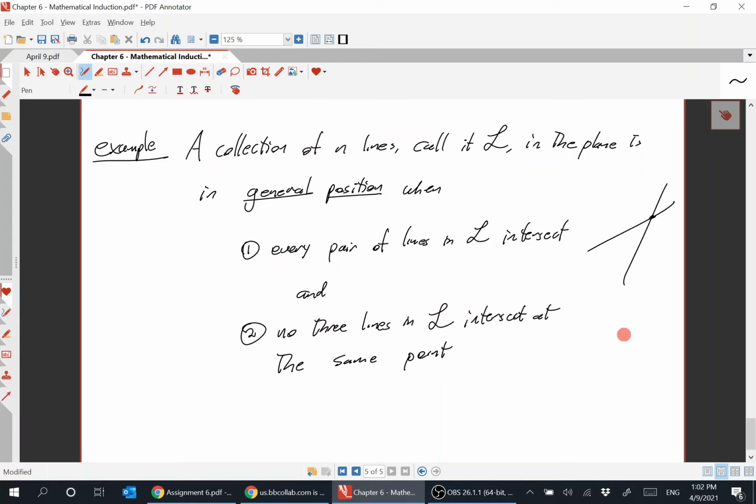So if you have 3 lines from your collection, they don't intersect at the same spot. They have to intersect in 3 separate spots. Line 1 and line 2 intersect somewhere. Line 2 and line 3 intersect somewhere else. And line 3 and line 1 intersect at a third point. So this kind of thing doesn't happen. You don't get that. So that's called general position.